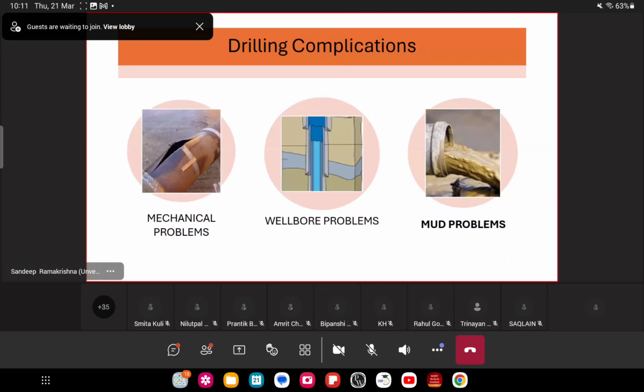So we looked at wellbore problems. Let's take a few minutes and look at mud problems. I know we have gone over 2 hours now, and like I said, there is a limit for attention span and for interest.